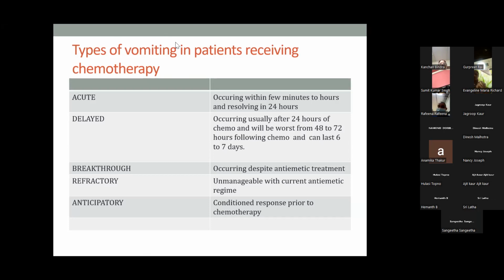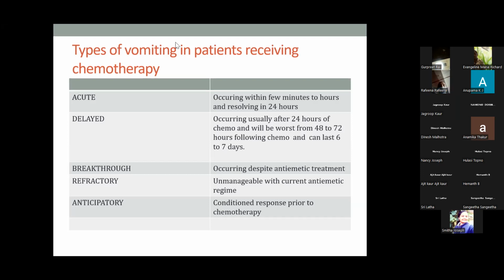So you have started Perinorm twice daily for this patient. Now, when do you say that he has breakthrough vomiting? Vomiting even after administration of antiemetics? Yes, Mrs. Carol says that. Okay, yes, but something more to add to it?